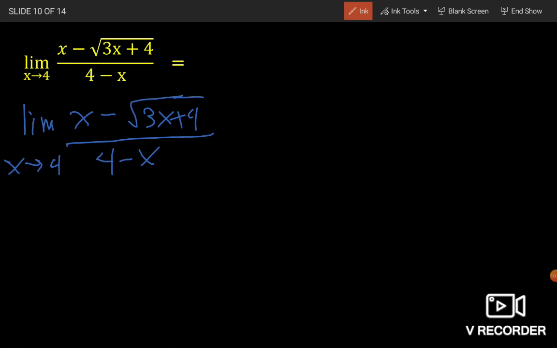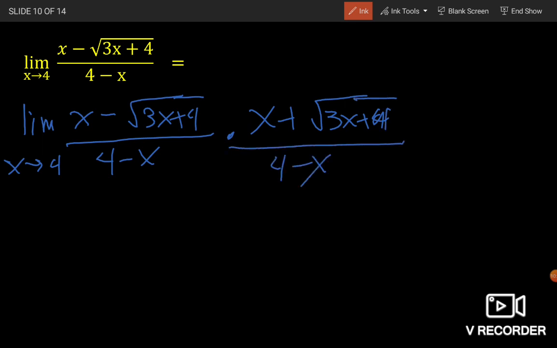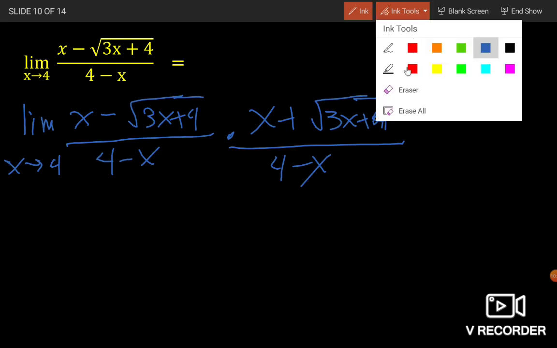So we multiply this now by x plus square root of 3x plus 4 over 4 minus x. Let me just clean this up a bit.